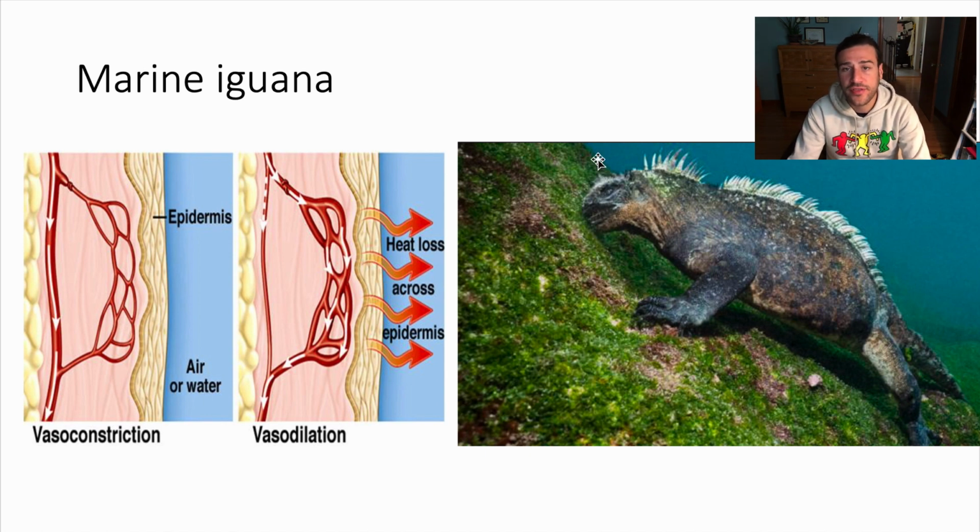Another thing that's really important about this whole idea is that the ocean that the Galapagos is in, even though it's on the equator, is actually very cold. So the Pacific Ocean in that part of the world is really cold.